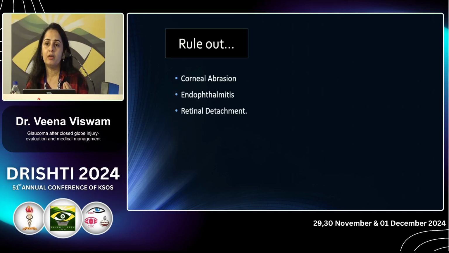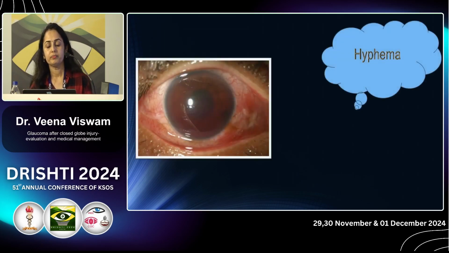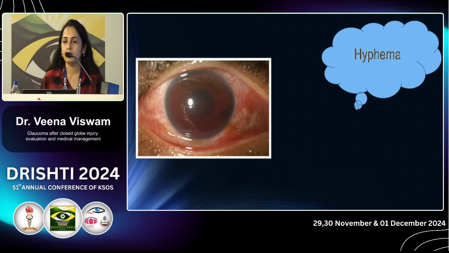Retinal detachment may also be associated, so look for that. Always keep in mind the chance of endophthalmitis, which may be there along with some open globe injury, while examining a patient with blunt trauma. Now going to the second important cause of raised intraocular pressure in blunt trauma, hyphema.